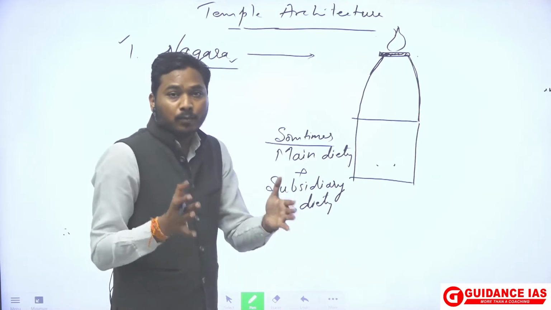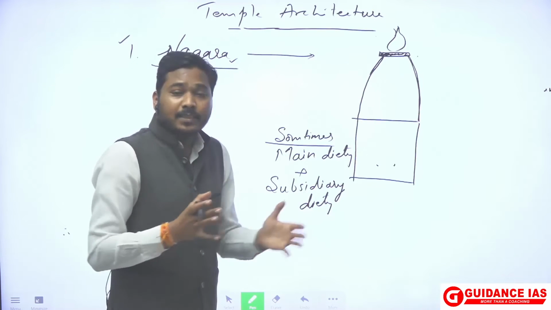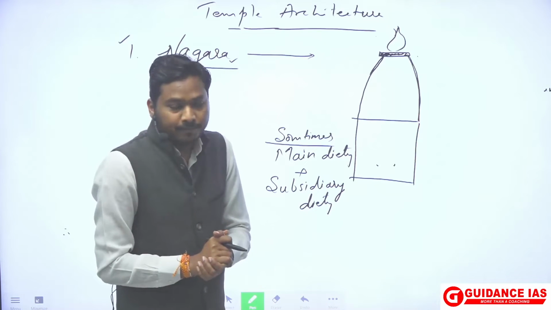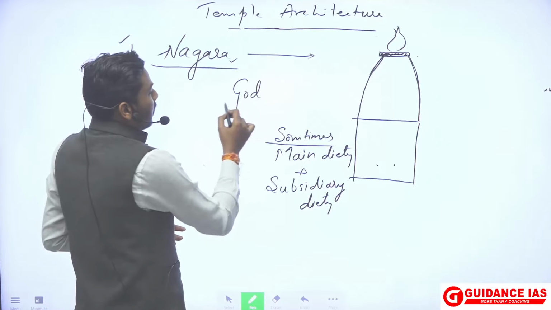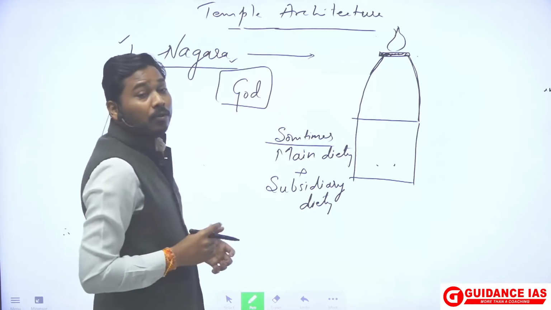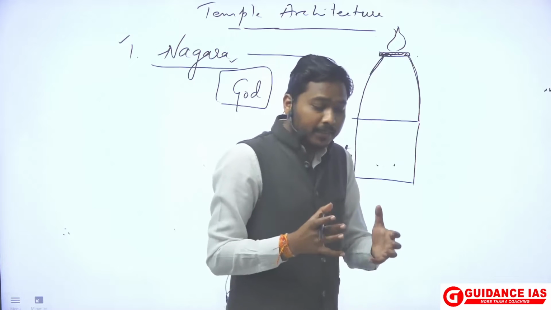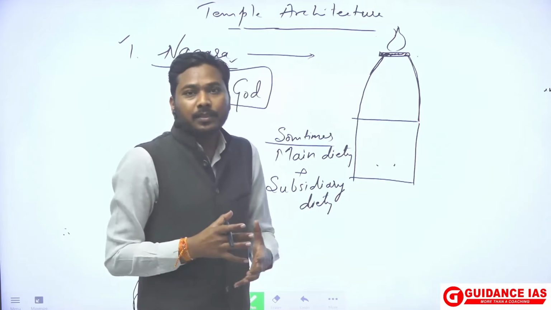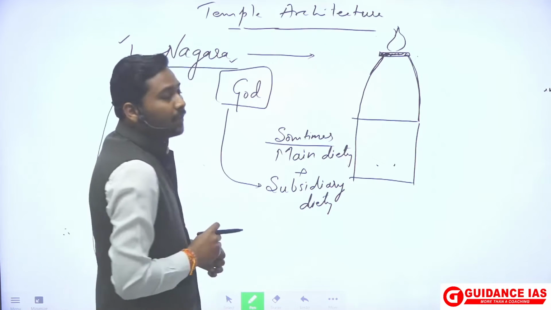There will be one main god and along with that some accessories, or we can say side gods. For example, if you visit a Shiva temple, the main god is Shiva, but along with Shiva, there are certain other deities as well, like the consort of Shiva, Parvati, Ganesh, and Kartikeya. So they are called subsidiary deities.